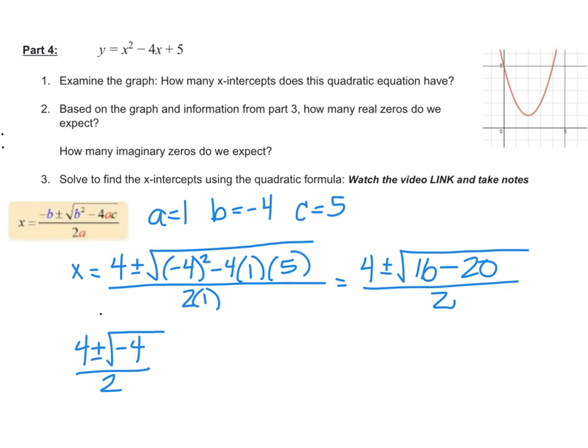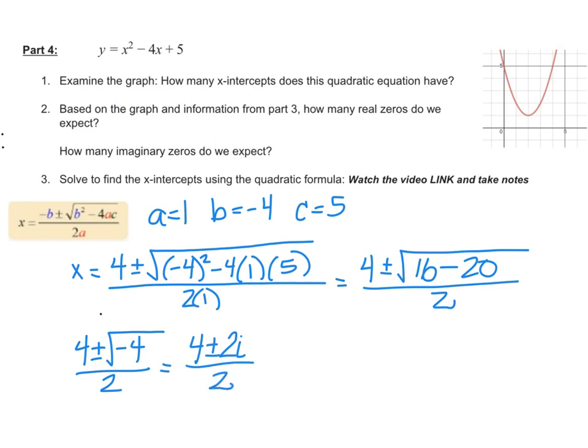So this is where imaginary numbers come into play, and we need to use i to be able to simplify that. So when we go ahead and simplify, we have 4 plus or minus, that becomes 2i, right? Because we split that -4 up into -1 and +4. And all of that is over 2.